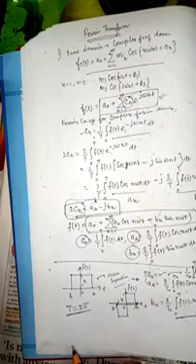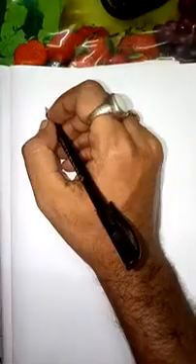Now here one more case can be discussed. As I am discussing T equals 2 pi, actually it should be T equals 2 pi by omega.